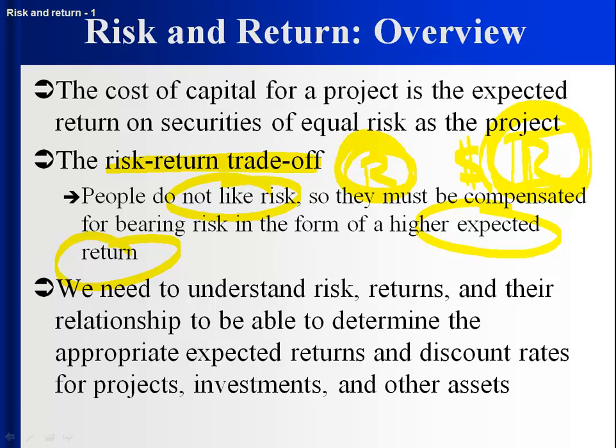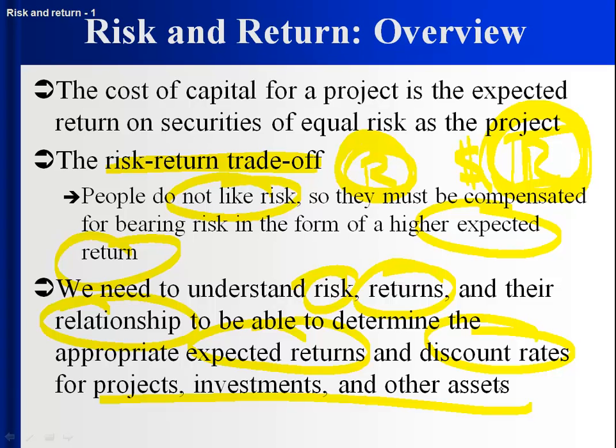So, in order for us to put all this together, we need to understand risks, we need to understand returns, and we need to understand how they're related in order to come up with cost of capital, because we need to get the appropriate expected returns, discount rates for various elements. So in order to evaluate the risk return trade-off, in order to find the appropriate cost of capital, in order to find the appropriate expected return, we need to understand things more.